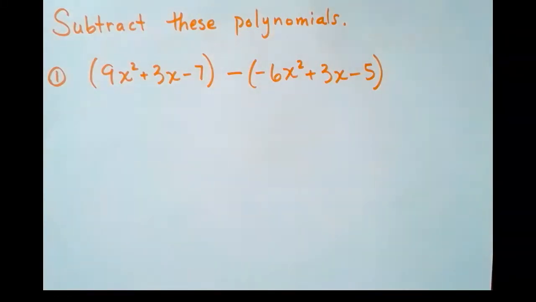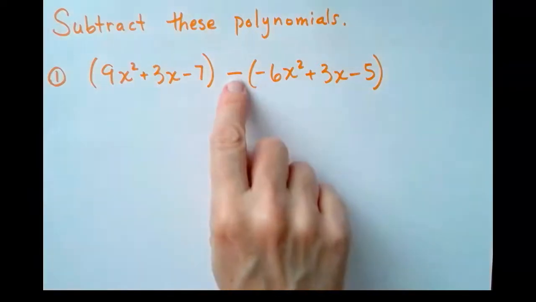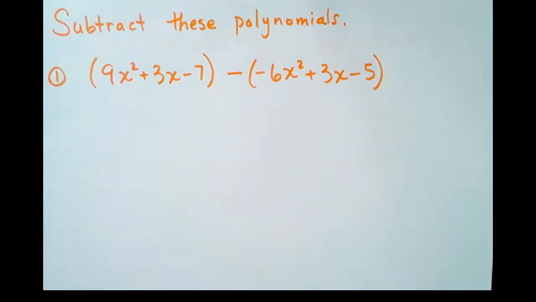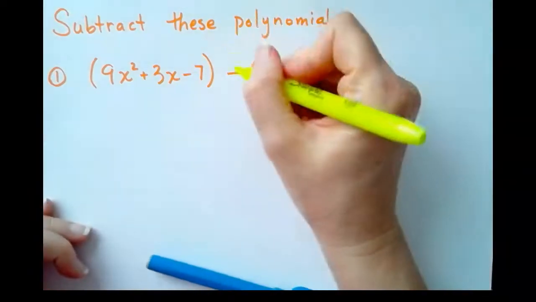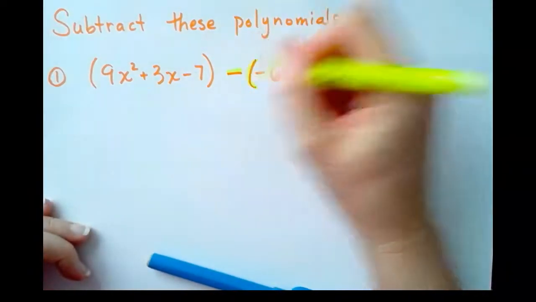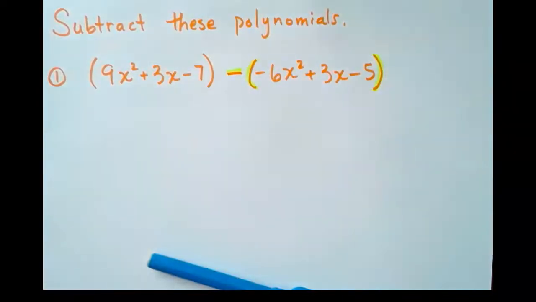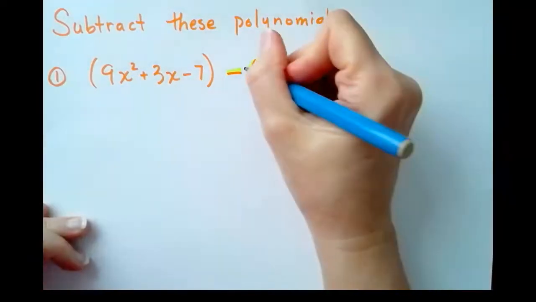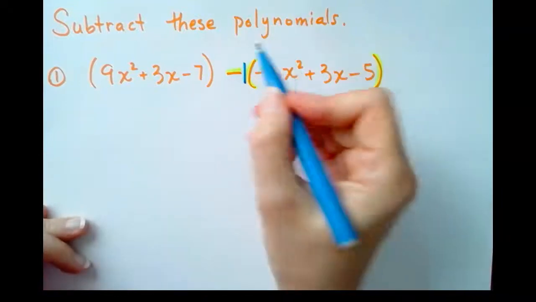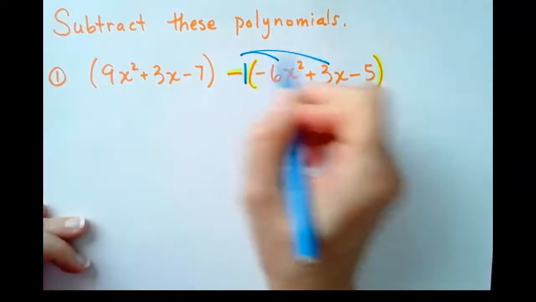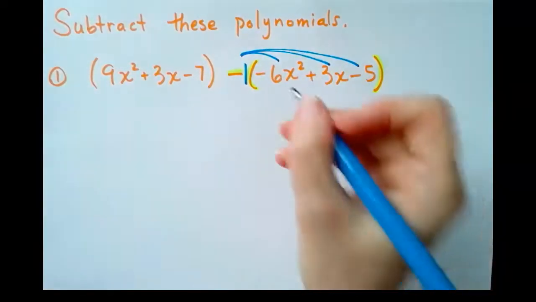Subtraction, we do need the parentheses because something very important has to happen first. Whenever we have a minus sign that is directly in front of parentheses, so we see it right here, minus parentheses, what we've got to think about is that a negative 1 is there and it must be distributed.